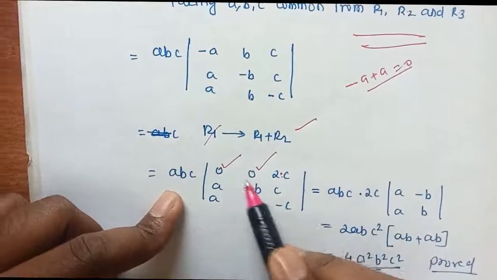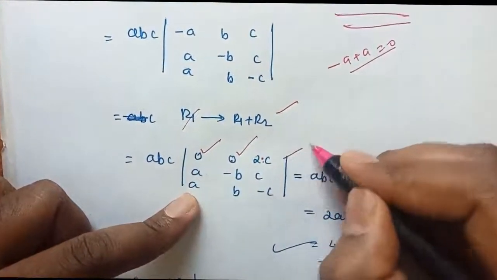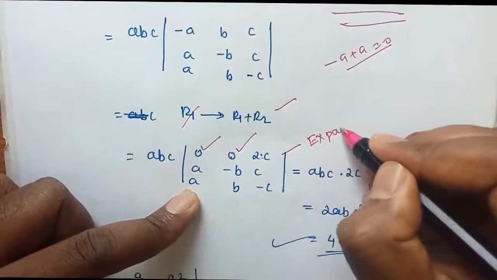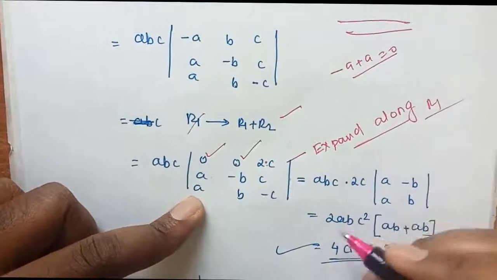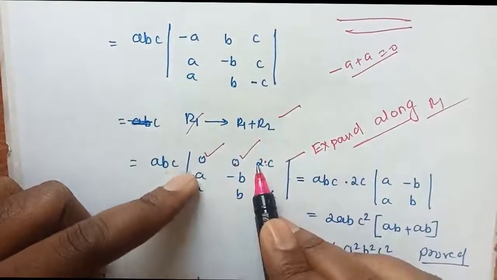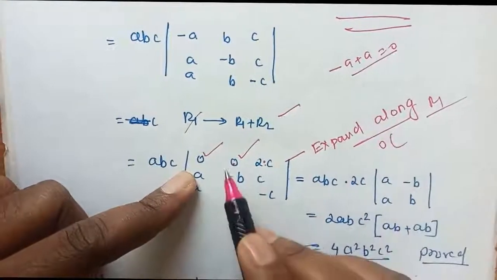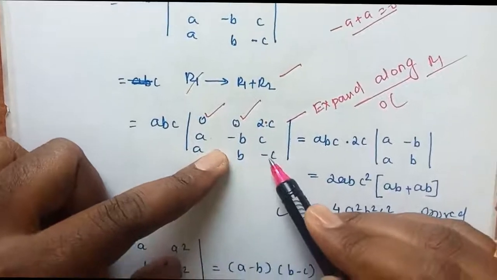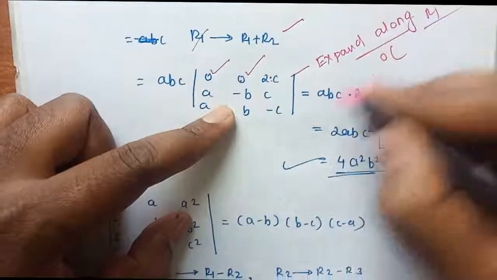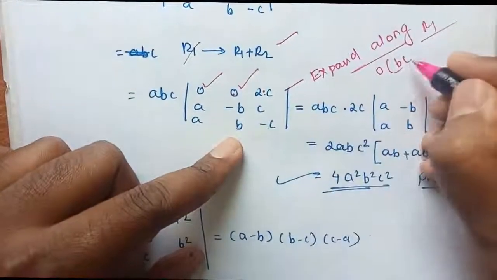Now this is 0, this is 0. So what we can do is we can expand along R1. That means along this one we know that 0 into bracket of leave this column, leave this row, minus b into minus c, so it will become bc, and this is also minus bc.